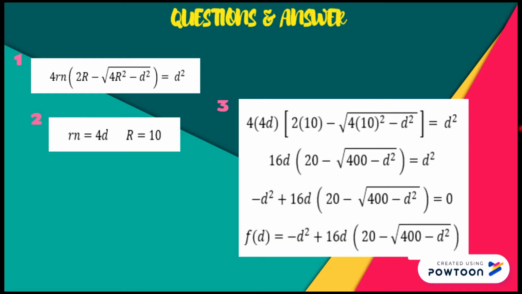As you can see, the equation will be like this, and after substituting to get the new equation, we can see that the equation is now in terms of d squared. Then we already know that function d, so to make a function we must arrange the equation to become equal to 0.